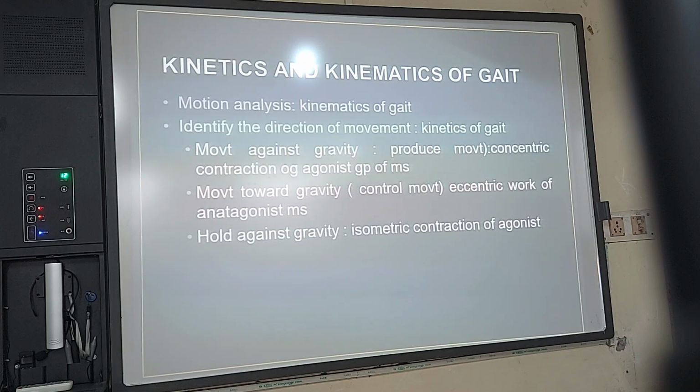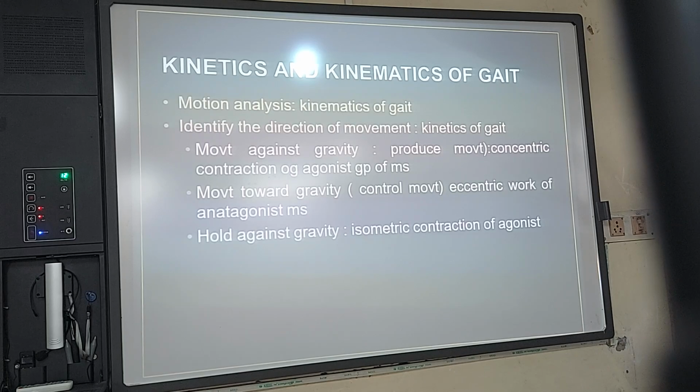Now I want you to tabulate it. I wanted you guys to tabulate it. Tabulate what? First understand and tell me which motion analysis you want to do. You will decide first the gait cycle phase, like it is for initial contact to foot flat.